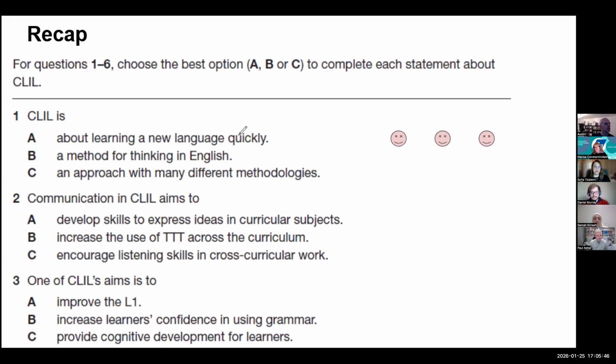Hopefully, eventually. Even in number 2 as well, it aims to develop skills. I think that's its aim, but whether or not it succeeds in doing that is debatable.